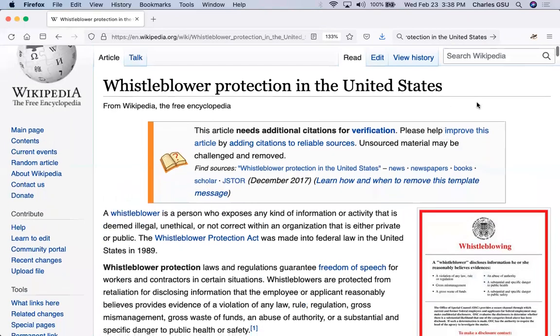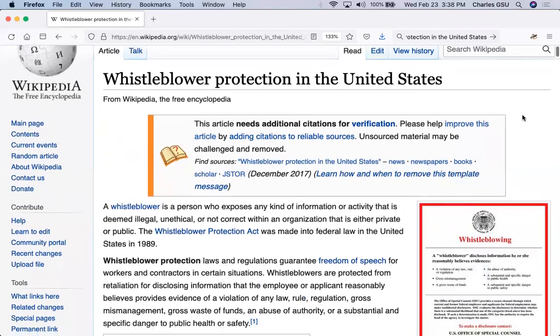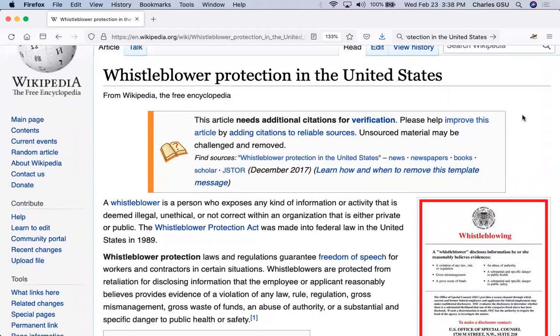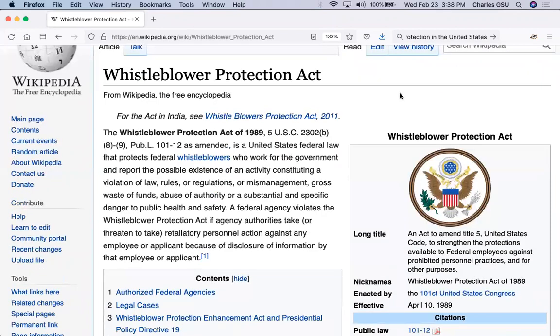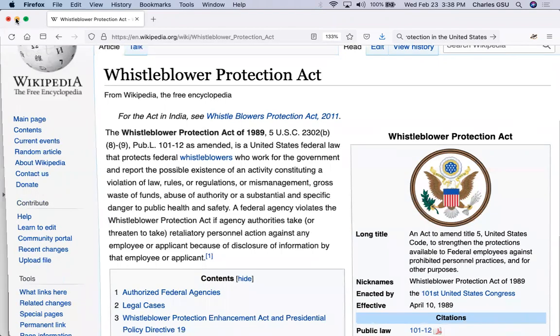And there is, in fact, certain protections in the United States that allow you to not be persecuted and prosecuted for calling a violation of your employer, or in this case, the federal government. And, because if we didn't have something like this, then people would never speak out. We would live in a kind of fascist dictatorial state like China or the former Soviet Union, or maybe even current Russia.